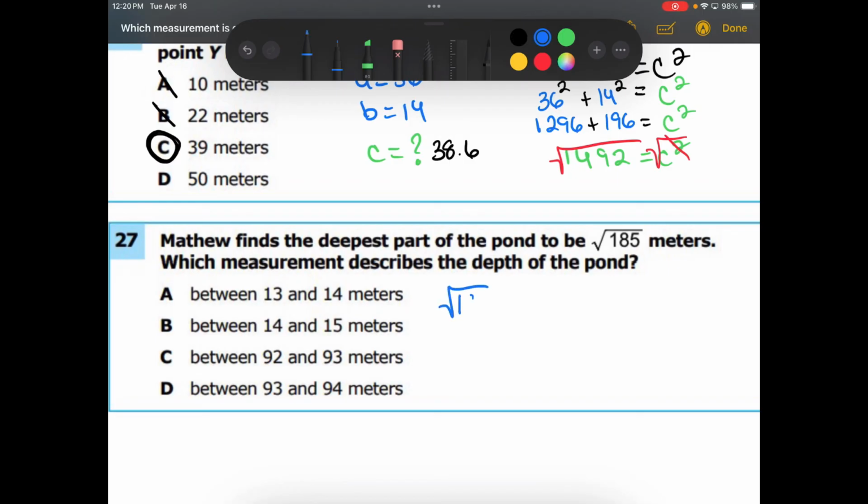We want to take that square root of 185 and change it to a decimal, because changing this to a decimal is the fastest way to finding out between which two integers this square root may lie. So what is the decimal? What'd y'all get? Now that we know between which two whole numbers this square root of 185 falls, between 13 and 14, your answer is A.